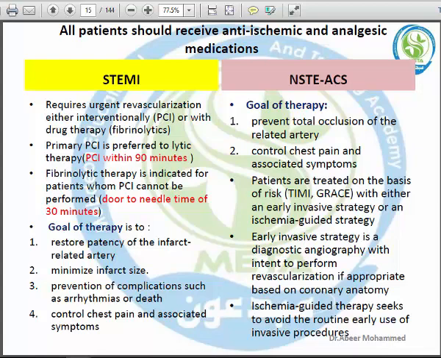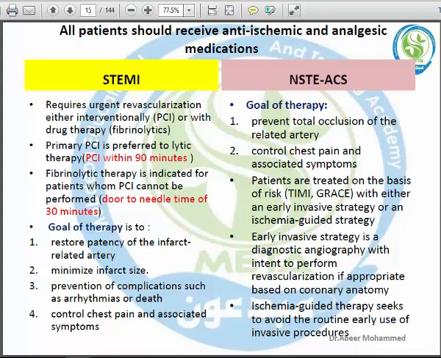Also to minimize the infarct size، لما حصل الاوكلوجن معناته في جزء من العضلة ما وصله بلاد، بالتالي هيحصل له infarction and necrosis. احنا عشان نقلل الانفكت سايز لازم نعمل urgent revascularization. Also to prevent complications such as arrhythmias or even death.